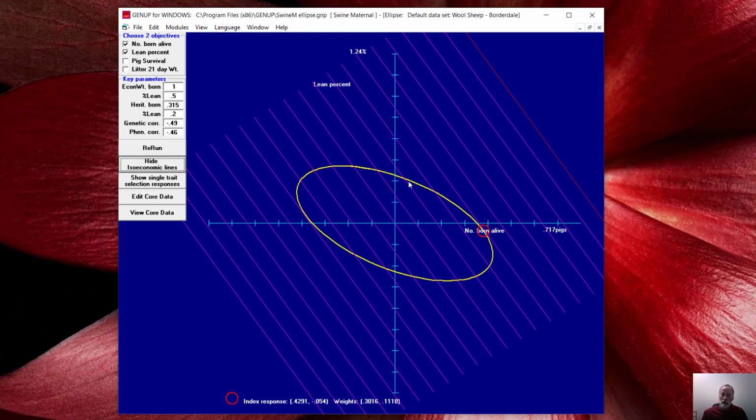So recalling the yellow ellipse is a function of the genetics and the phenotypics of the population we've got, and the purple lines are the economics, and the combination between those 2 says that this is the best place to be economically. And this is an example of desired gains in that you might not be happy to go for a reduction in genetic change in lean percent and would prefer to be here.